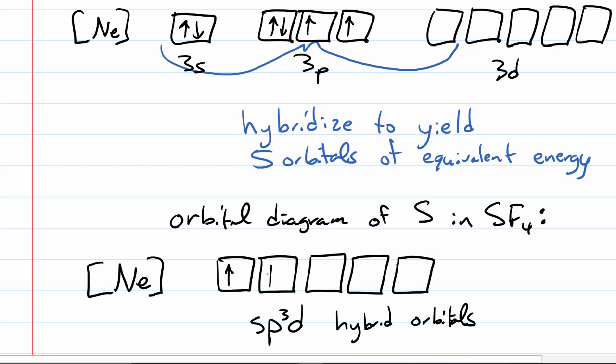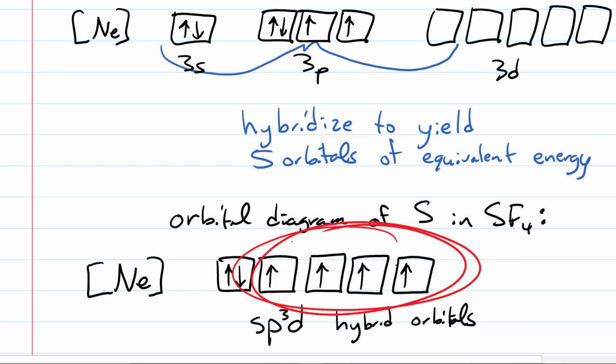So we put in 1, 2, 3, 4, 5, and then we begin doubling up. And once we double up, that leaves how many unfilled or half-filled orbitals here? That leaves 4. And those 4 then can be used to bond with the fluorine.